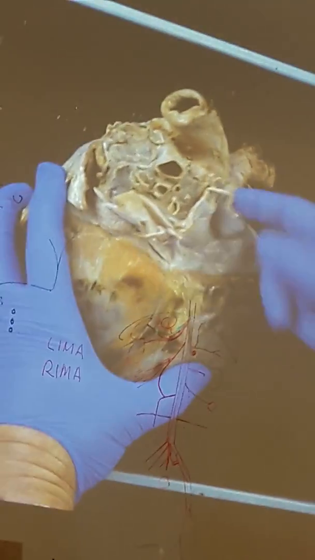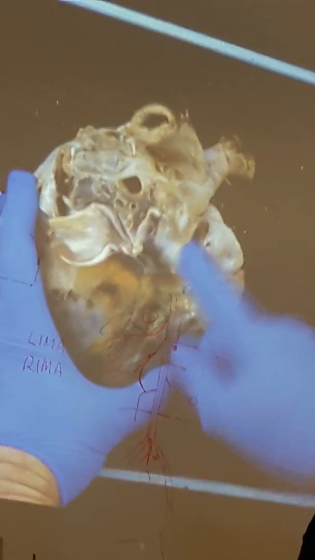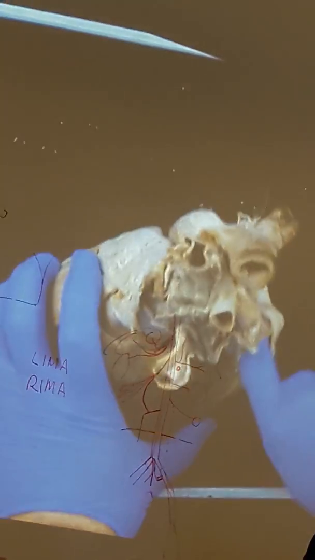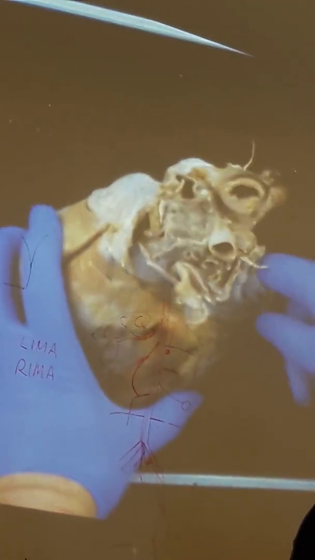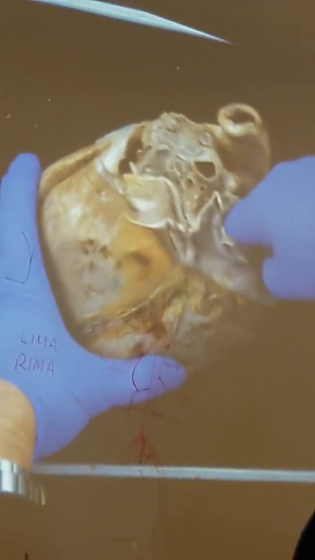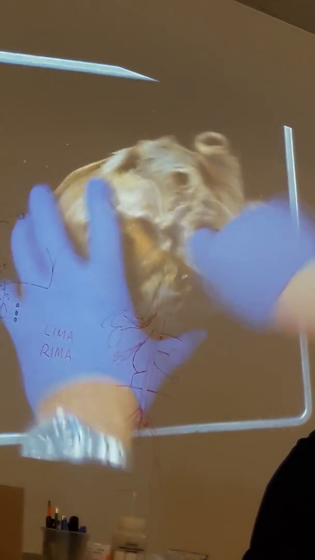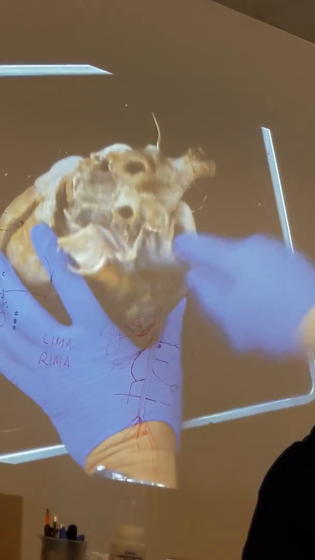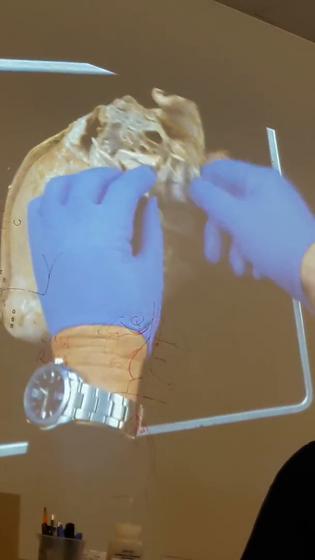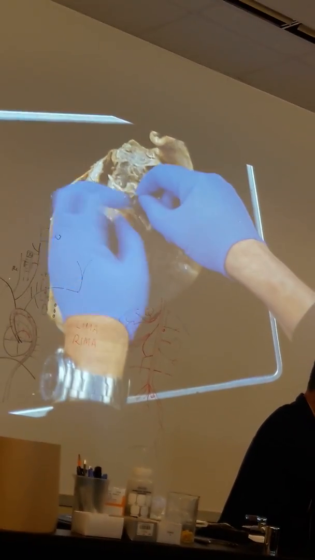Okay, look at this one. I put my finger in. Okay, then get into the right atrium. Okay, this one. Let me put my finger in.